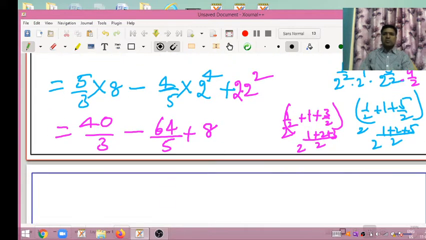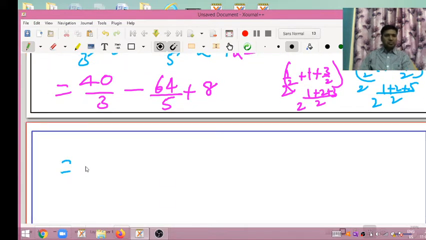So, by simplifying this one, LCM is 15. So, 40 by 3 into 15.